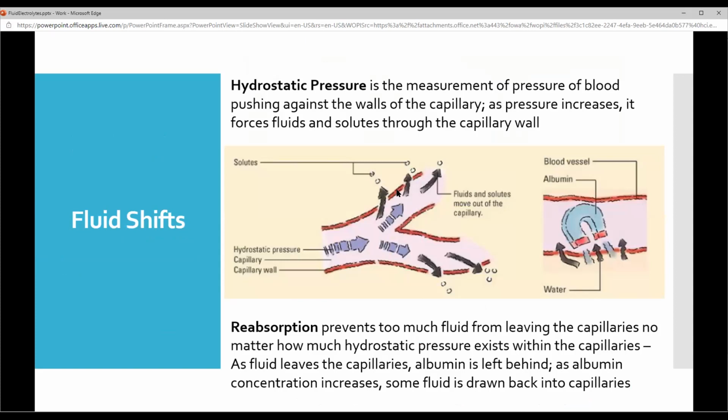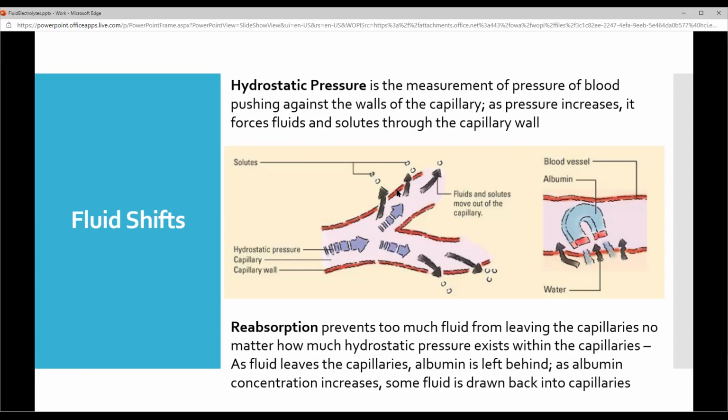Other shifts of fluid happen in the body. You have hydrostatic pressure, which is the pressure of the liquid or fluid inside the blood vessels, and also osmotic pressure inside the cells. It's the pressure of the fluid up against the wall, the membrane.